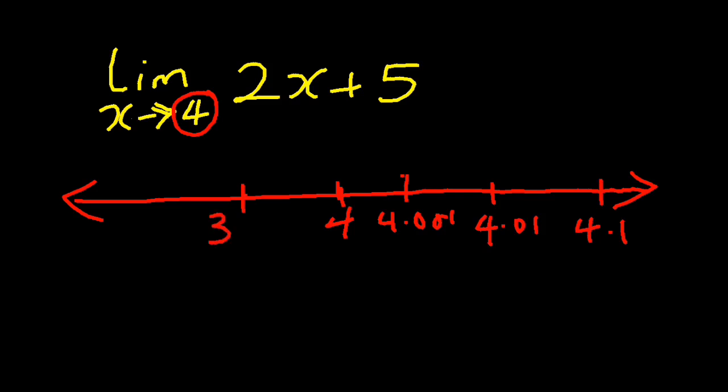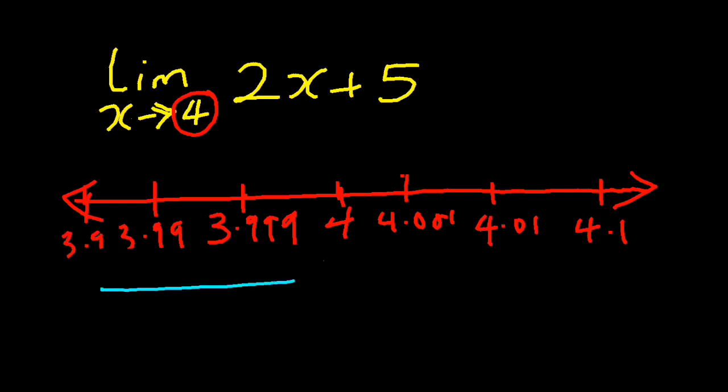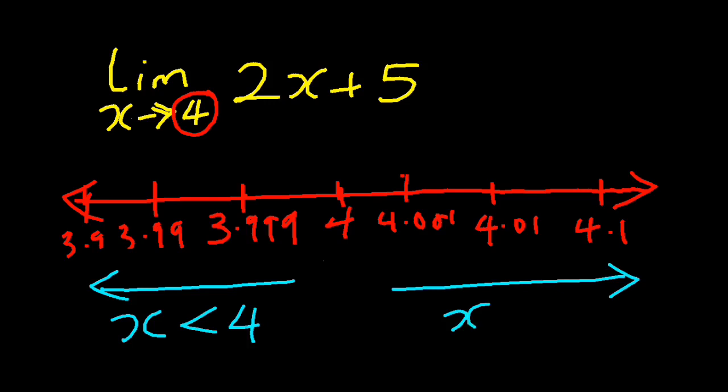So when x is decreasing, we can have 3.999, 3.99, 3.9, and downward like that, and so on. So this means when x is less than 4, and the other side is when x is greater than 4.